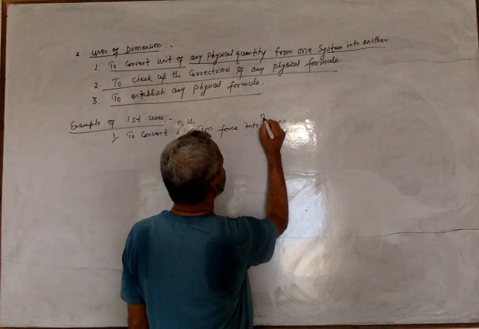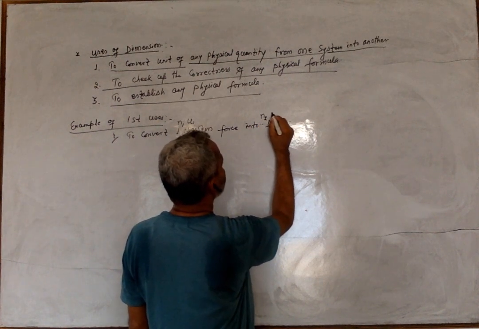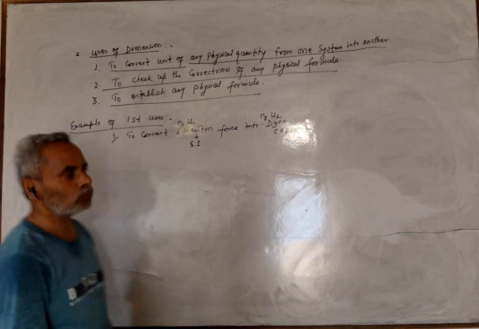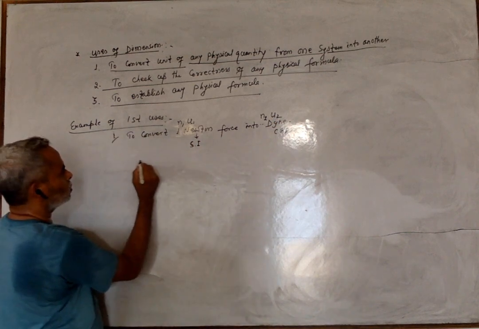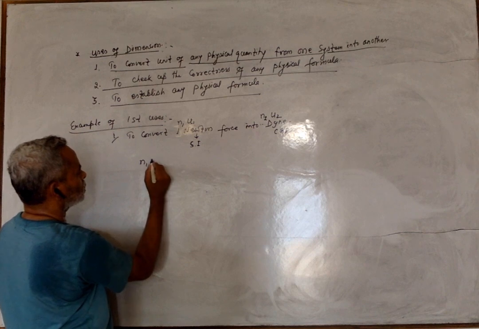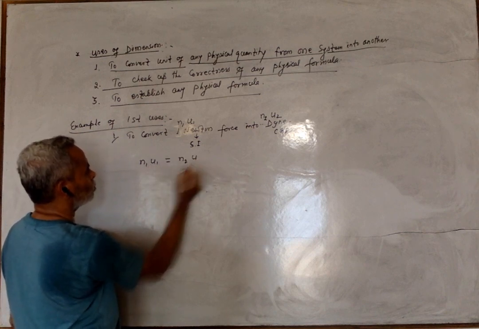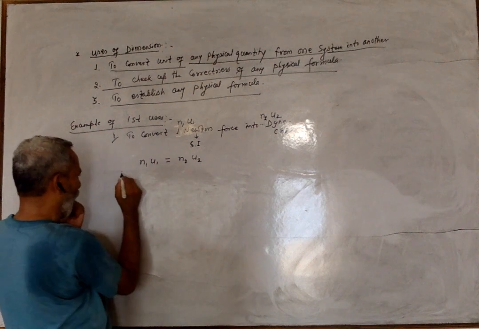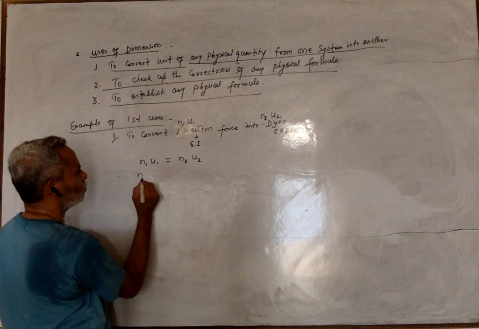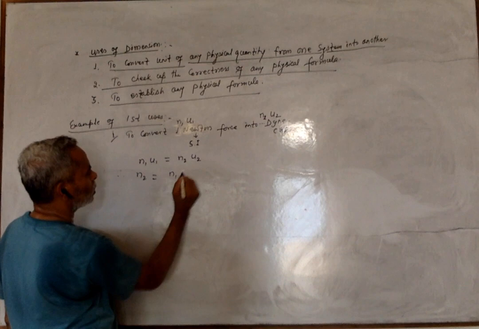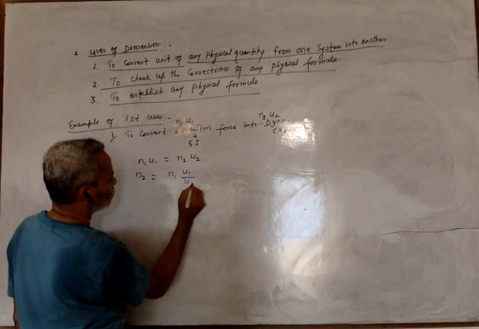Here N2 is unknown and the unit is U2. It is clear that N1 U1 equal to N2 U2. Therefore, N2 equal to N1 U1 by U2.